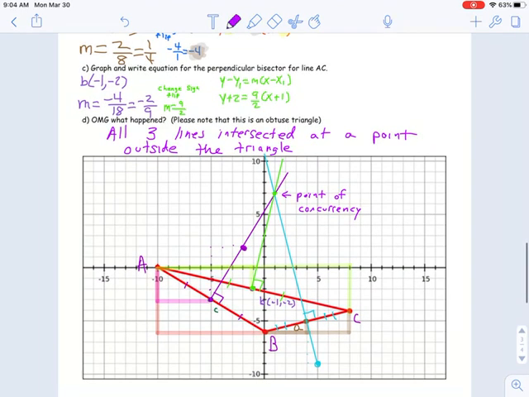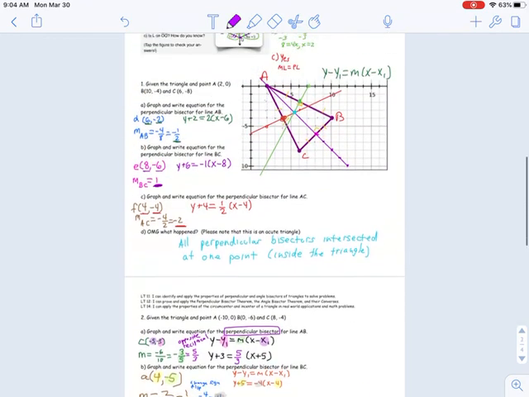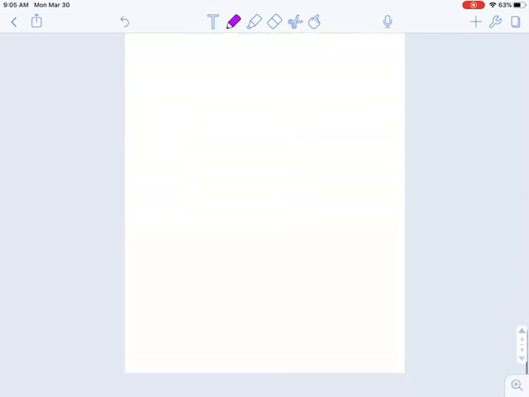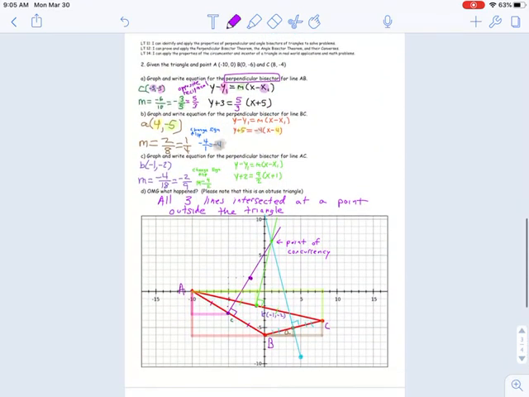Okay, that's what happened. That's pretty crazy if you ask me. On an obtuse triangle, you did 3 perpendicular bisectors to all 3 sides and they all intersect. What are the chances? Same thing with this one up here. Look, they all intersected. This was an acute triangle. They all intersected at a point inside the triangle. Now, that's it for these notes right here. Let's stay tuned and find out and see what's going to happen when we do a right triangle.